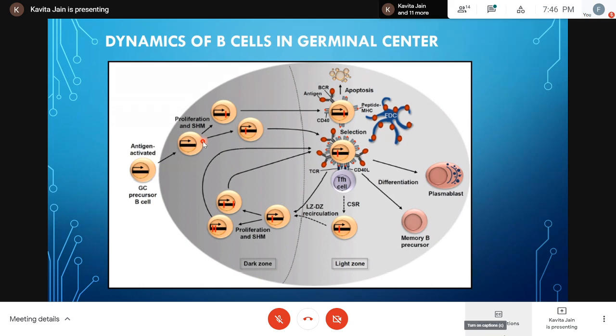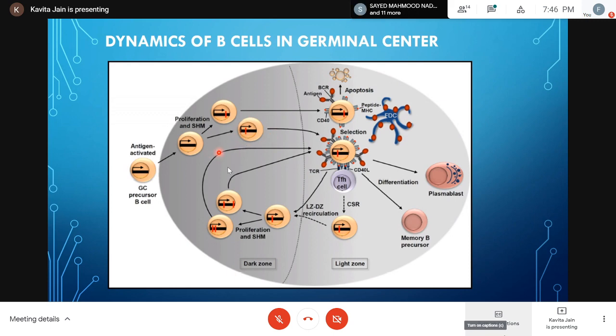By this somatic hypermutation, a lot of recombinations occur, and this results in high affinity B cell receptors on these B cells. The more antigen present on the B cells, the more it will be presented to the FDCs and the T cells, and the better the immunogenic response.